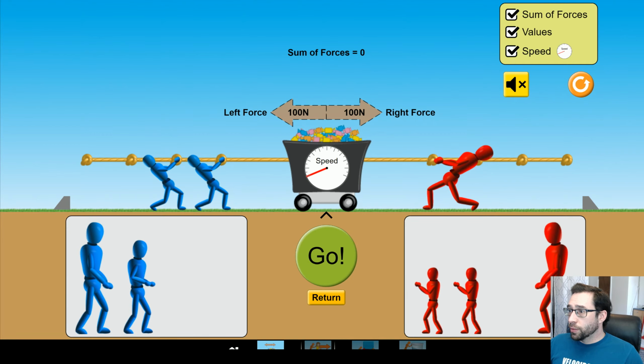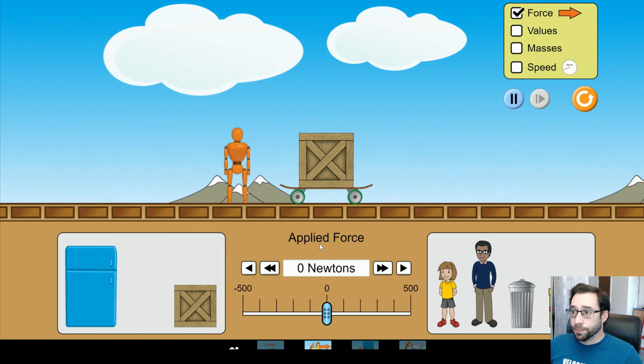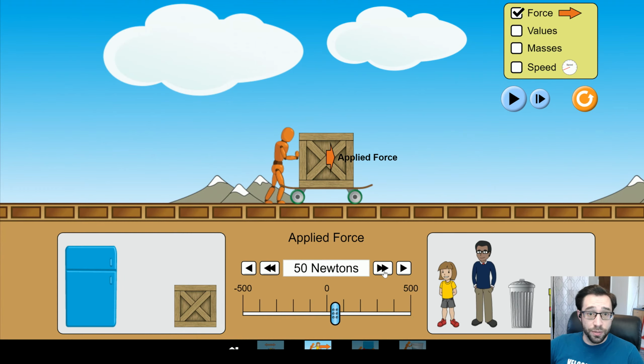So when we go to the motion part, when we have multiple forces acting on an object, we are supposed to sum them up and see whatever's left over. So if I have a person that's pushing this box on the skateboard, if I pause it and I apply a force, what direction should the box move?